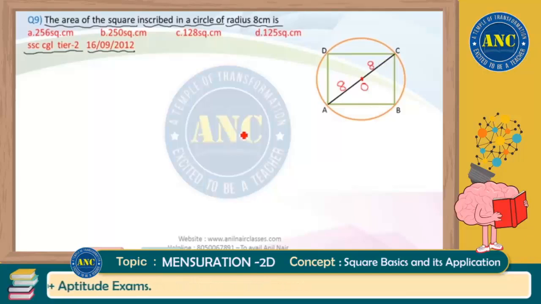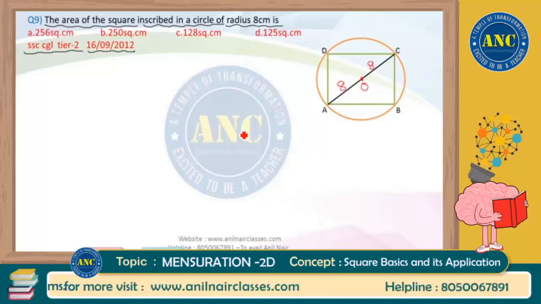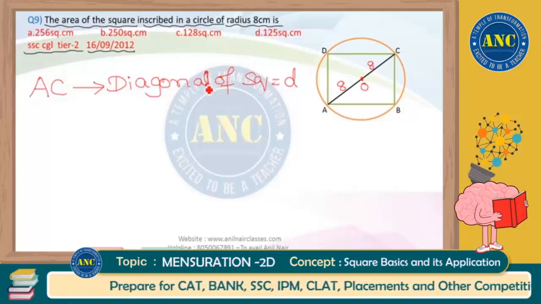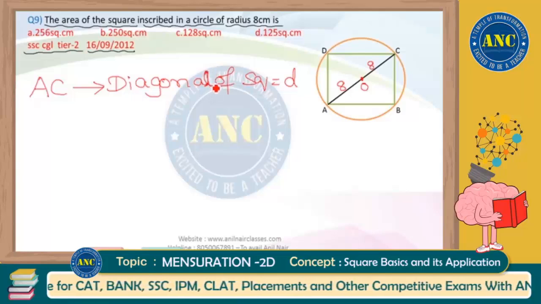And I can also say that because the square is inscribed in a circle, that AC, which is nothing but the diameter of a circle, is also the diagonal of a square, right? AC is acting as a diameter. AC is also acting as a diagonal of that particular square because the square is inscribed in a circle.